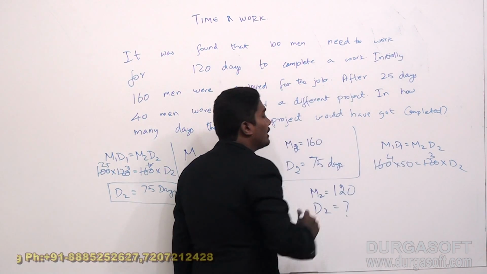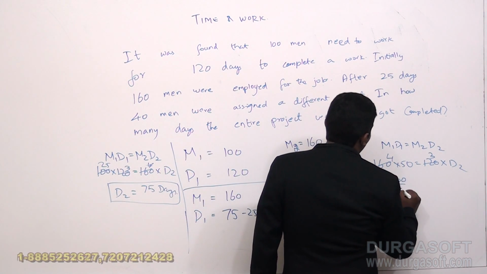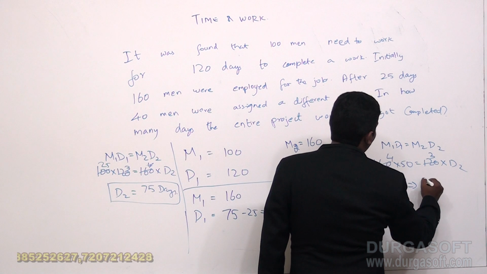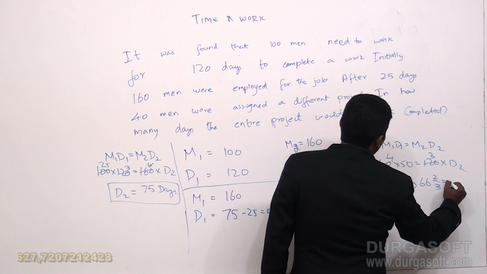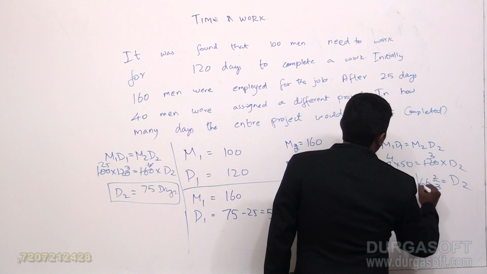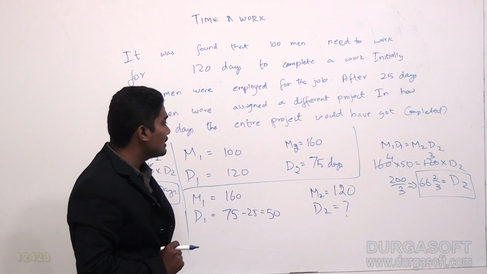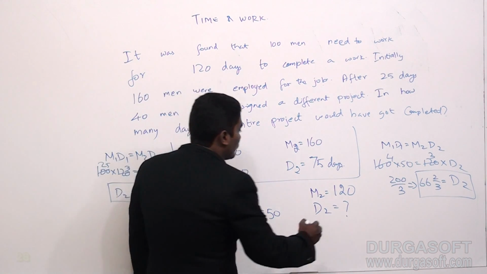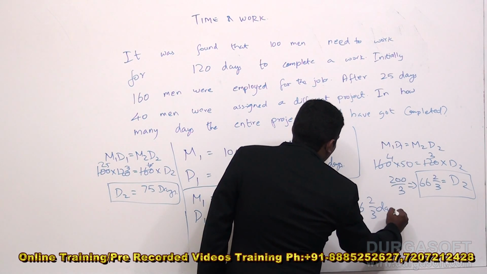So I will get 200 divided by 3, which is nothing but 66 2 by 3, the value of D2. I will get the value of D2 as 66 2 by 3 days.